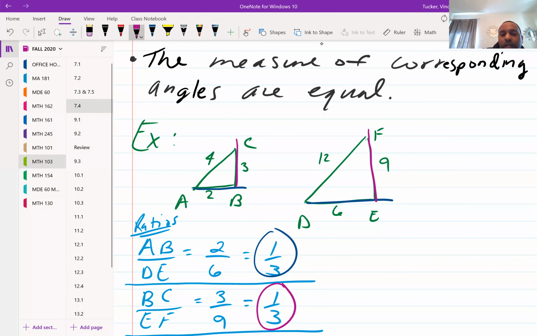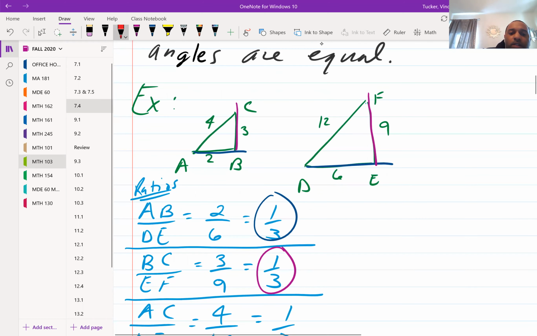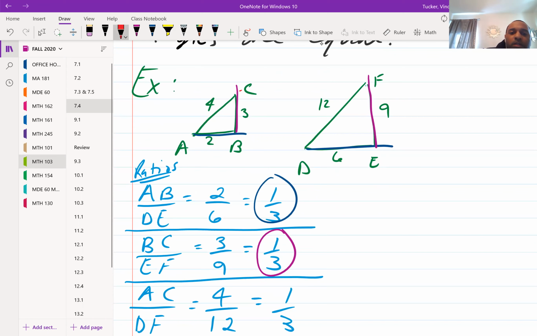Once again, that reduces down to 1/3. Put that 3/9, it reduces down to 1/3. And then looking at AC over DF, that reduces to 1/3 as well. And so that's what we're talking about. The ratios of their sides would be equal.